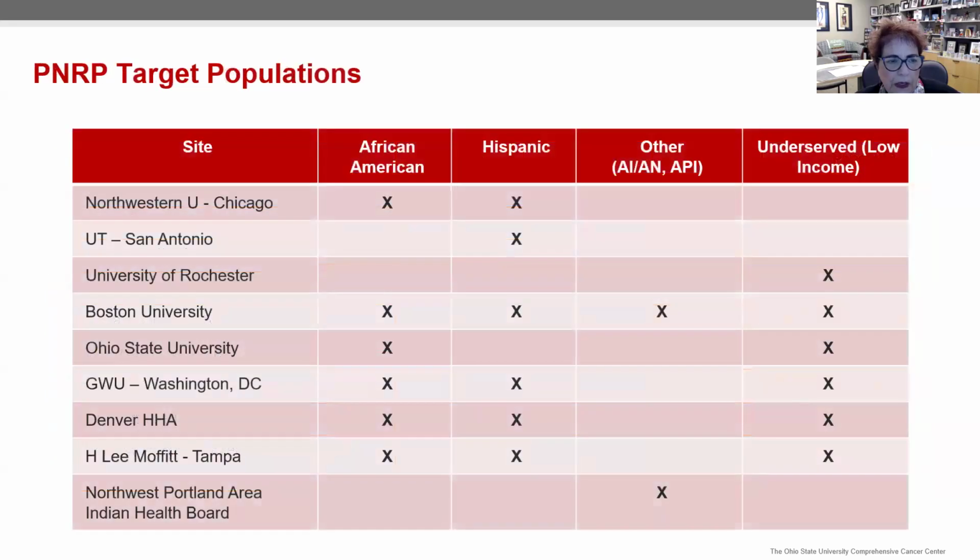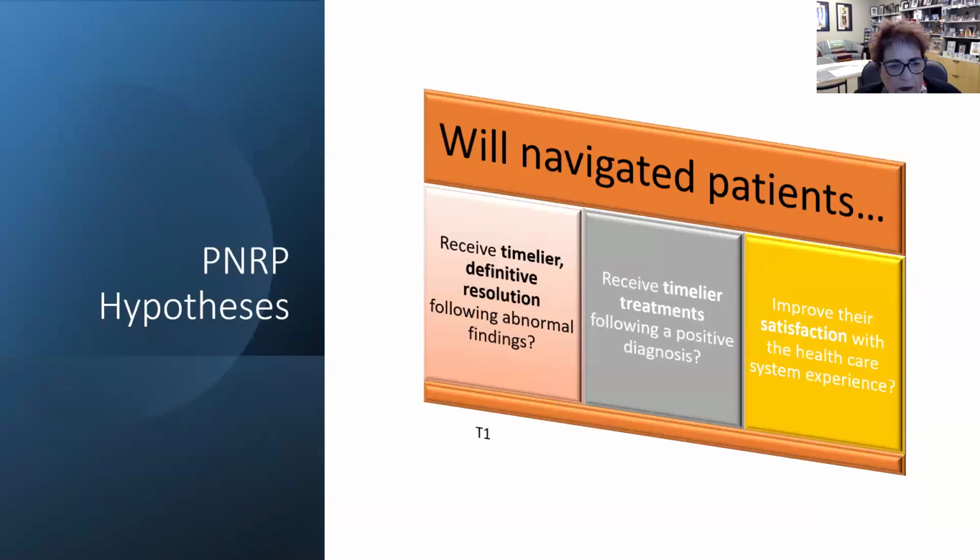And then within each site, there were different populations based on their catchment area that these sites could focus on and enroll. So we had a mix of African American, Hispanic, other racial and ethnic minorities, and underserved or low income populations that were included in the study.